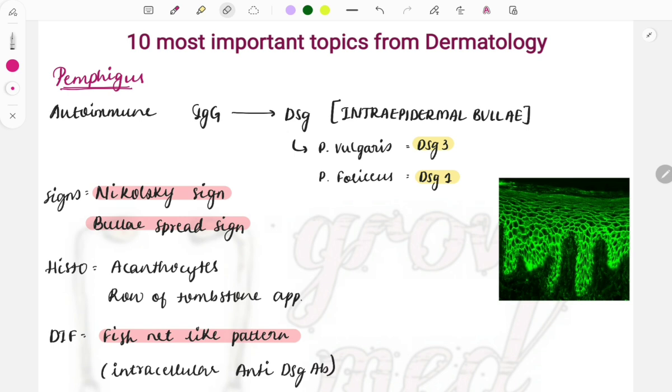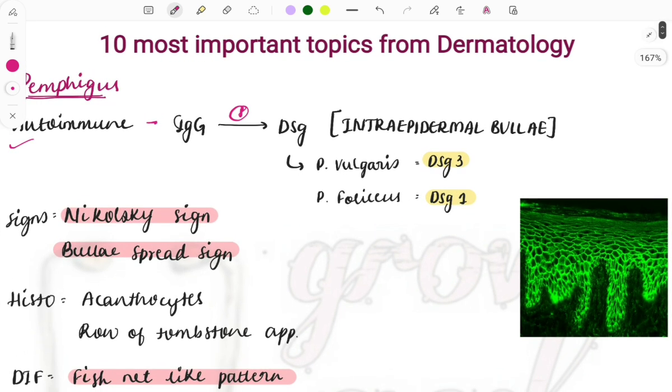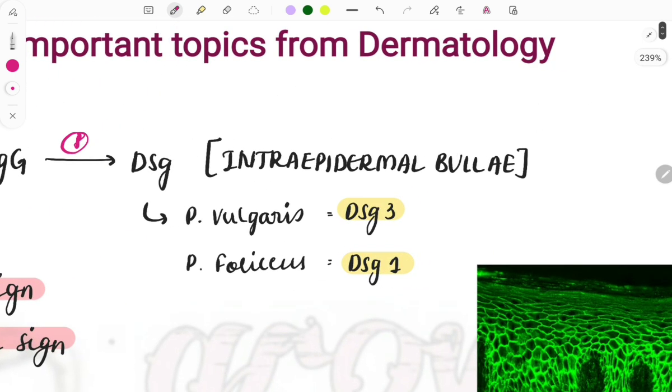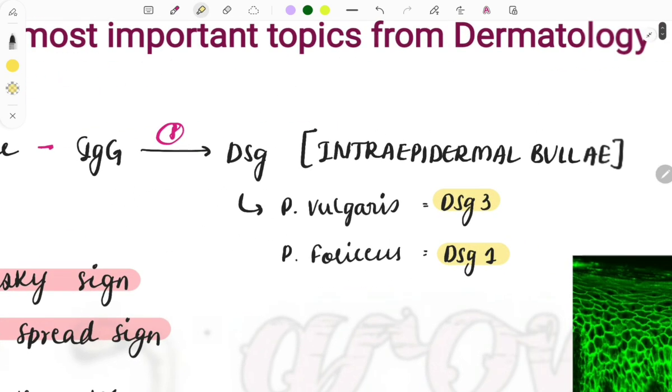So the things which you must remember is that pemphigus is an autoimmune disease, and in this IgG, immunoglobulin G, acts against desmoglein. This is a type of protein, and whenever this desmoglein is involved, it will cause bulla-like appearance.